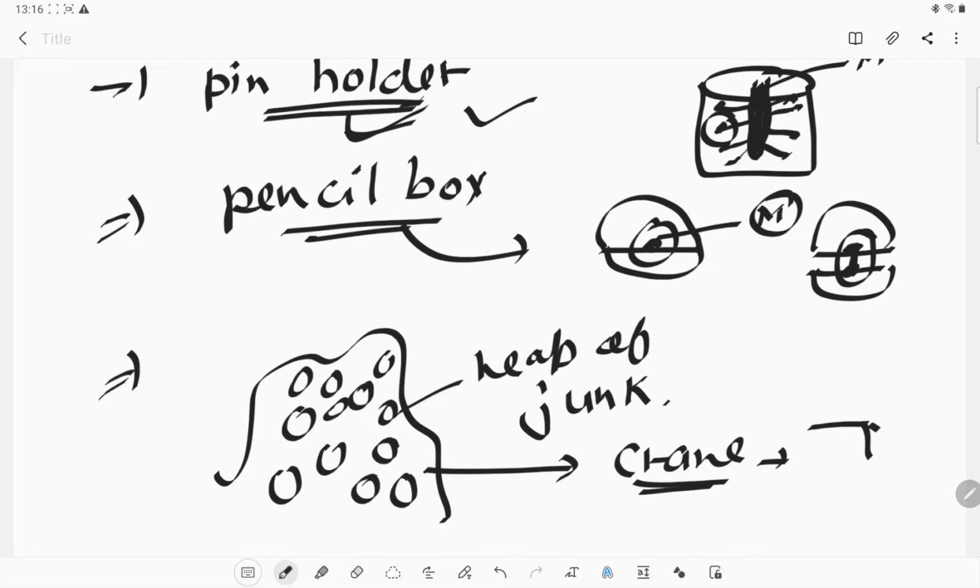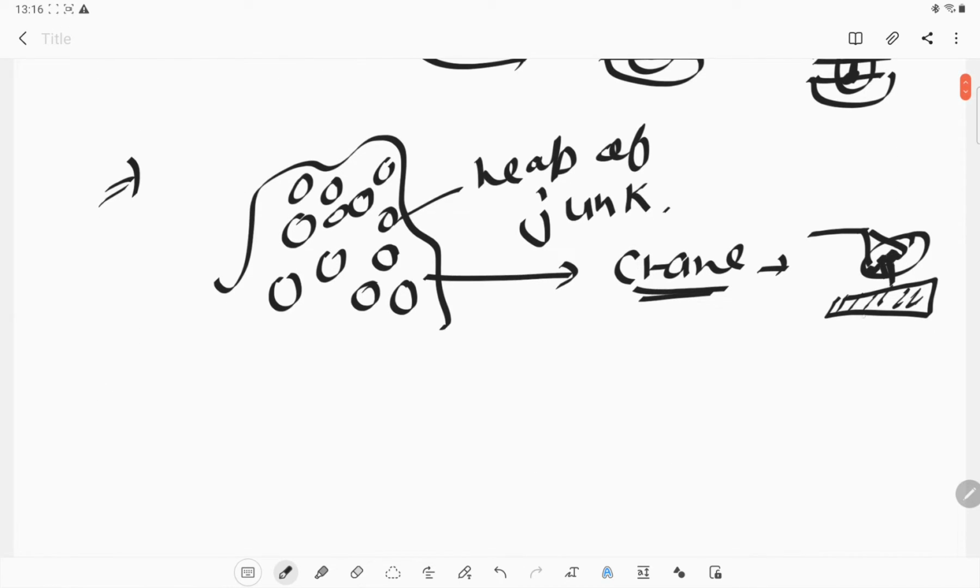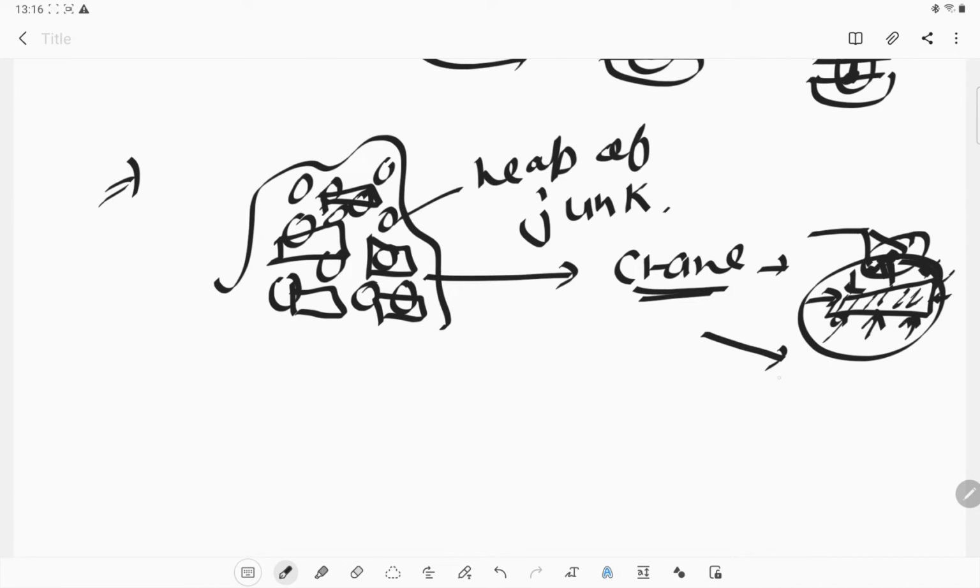On the mouth of that crane, where the crane picks up objects, we fix a bar, or a block of magnet, and we rotate that bar or block over this heap of junk, or inside it. So what happens? All the iron material present in that junk will stick to the bar, and we can remove the iron material from the other junk. So this is also how magnets can help us in our daily life.